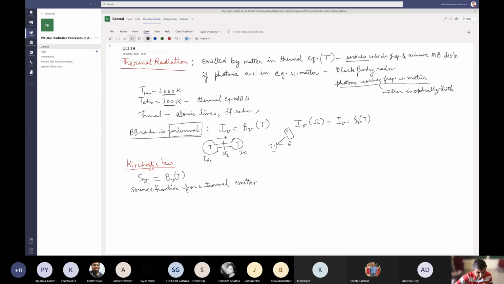It is not black body, it's just that the matter is in thermal equilibrium.